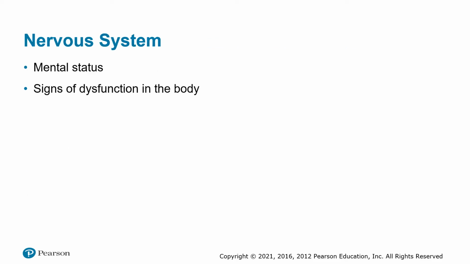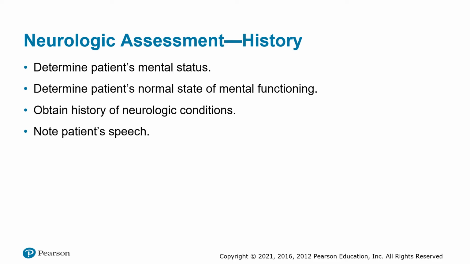The nervous system, so any kind of mental status or signs of dysfunction in the body. Assess mental status, determine the normal state and functioning of the patient. You've got to determine what their baseline is before anything else. So if the patient's baseline is that they are alert to person but not place or time, then that's normal for them and that's absolutely okay.